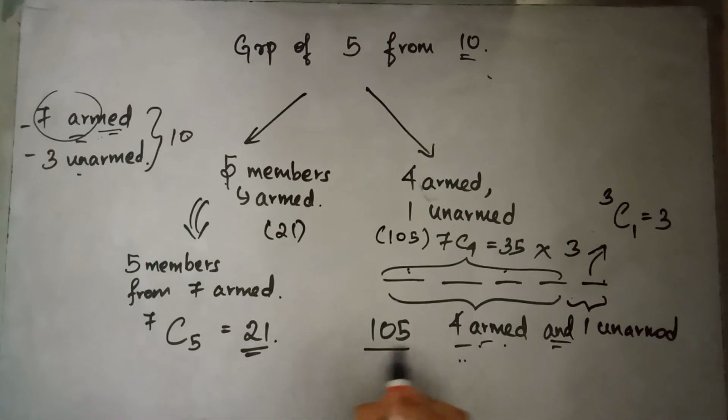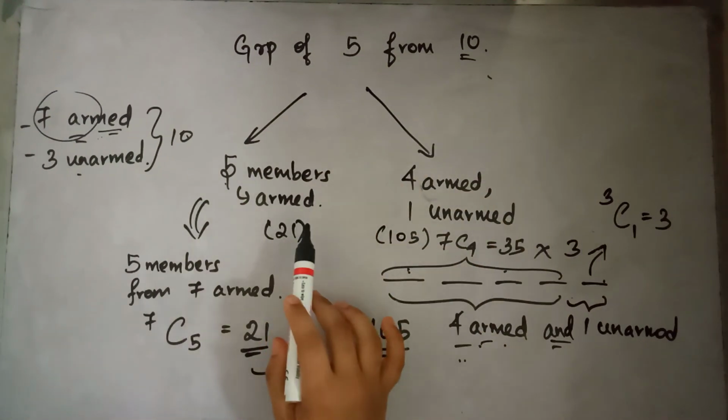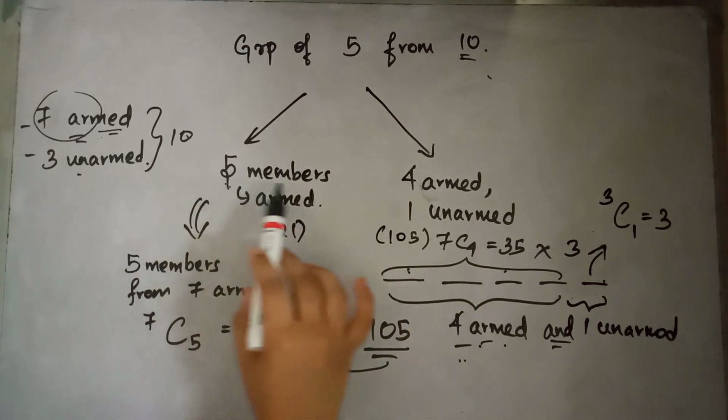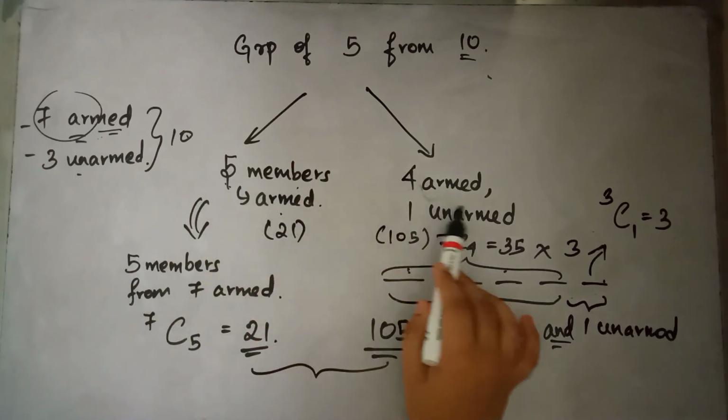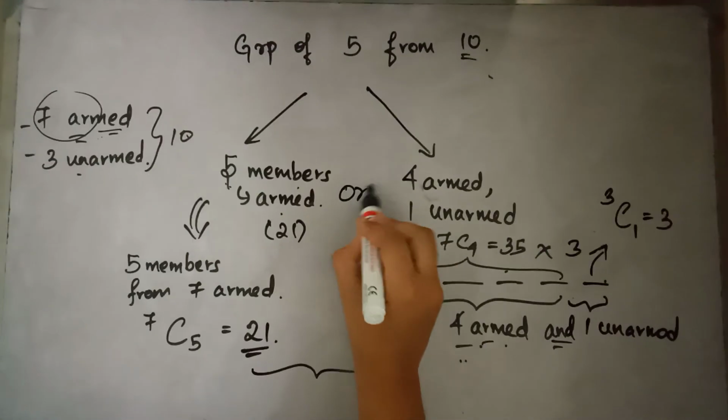Now what do we do with both of these combinations? We have to find out the total combination. Here again let's try to frame a sentence. For groups of 5 from 10, the committees can be chosen either with 5 members armed or 4 armed members and 1 unarmed member. It's either or.